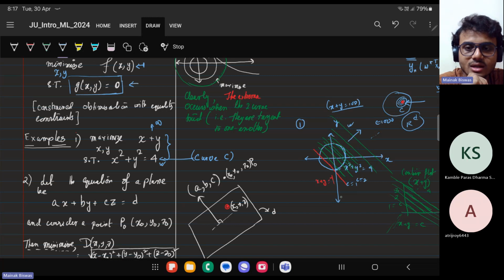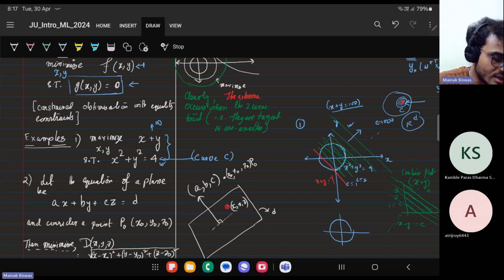It can have higher values than this. So what is the maximum value it can have? As x plus y increases diagonally towards the right, the maximum value it can have is when the line touches the circle, right? This is the maximum value of the line, yes or no?